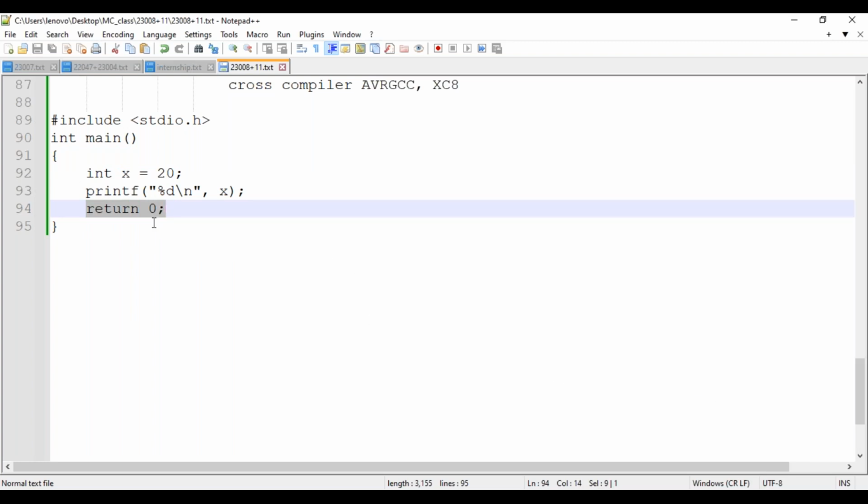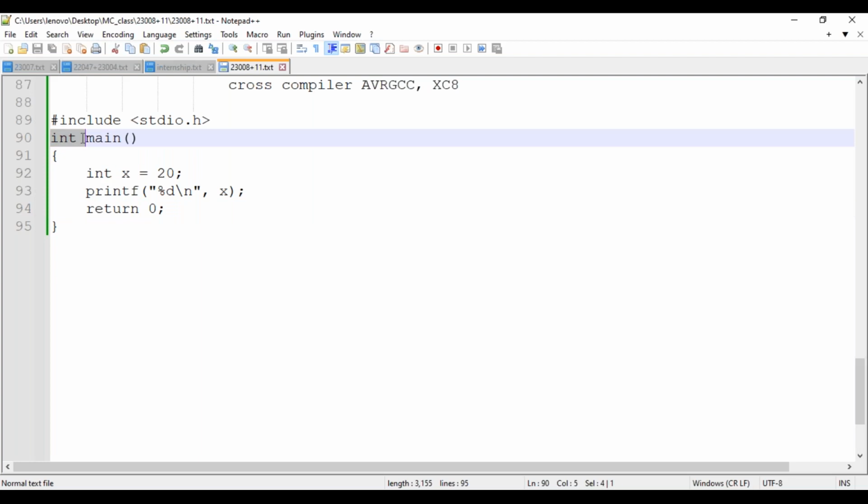To whom will you return this integer value? From the main, to whom will you return an integer value? Yes, to the operating system. It's the operating system that calls the main function.